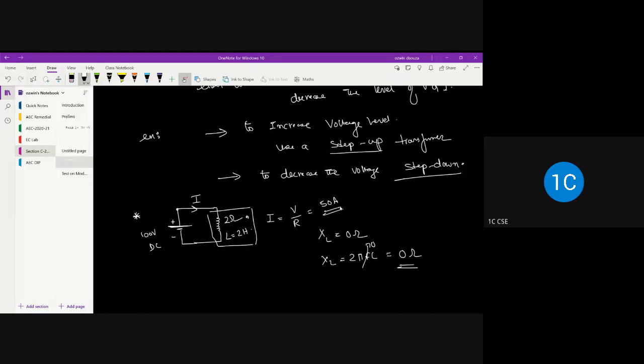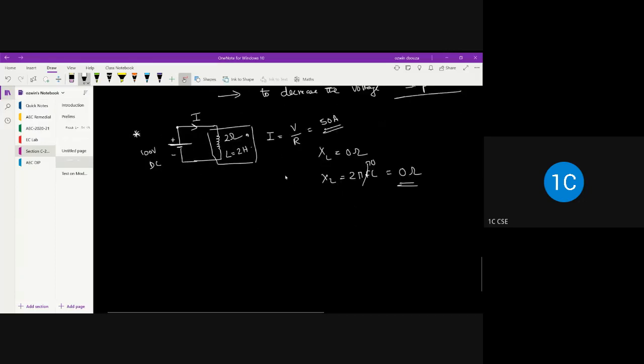Now imagine the same coil connected to an AC supply, and let's say the RMS value of the AC supply is 100 volts, resistance is 2 ohm, inductance is 2 Henry, and the frequency of AC is 50 hertz.